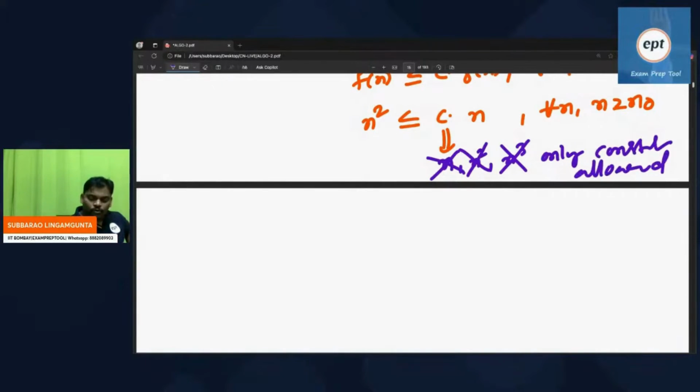So n square is big O of n is not possible.